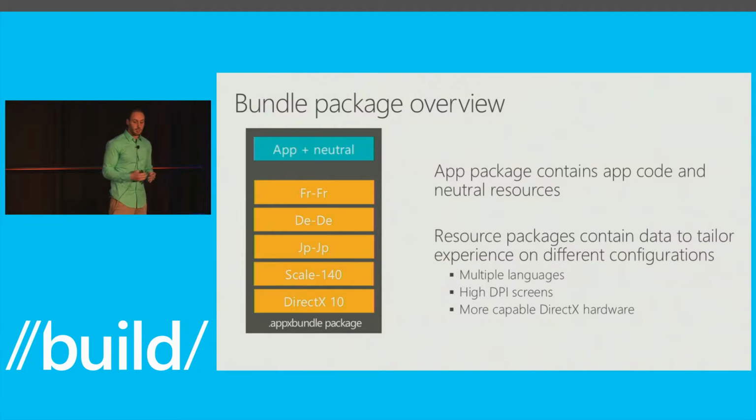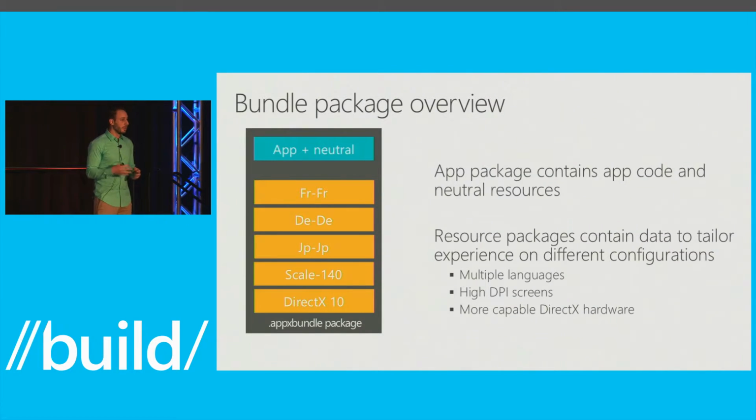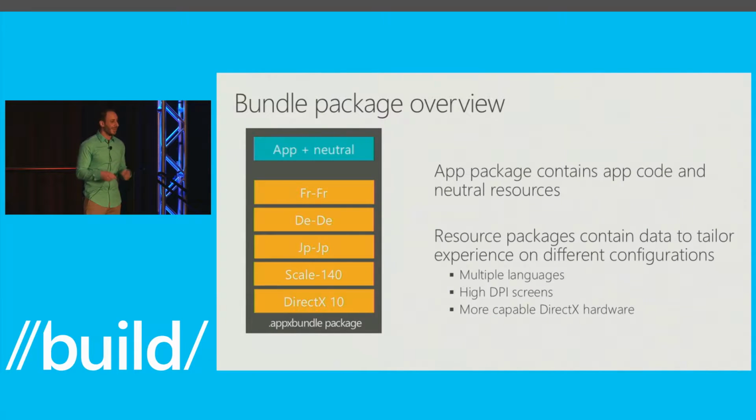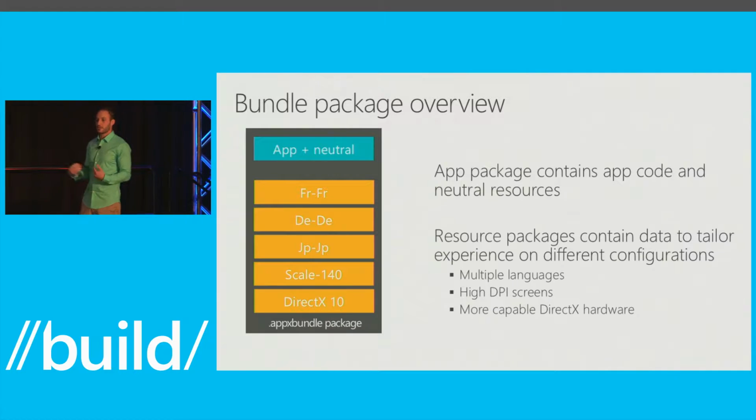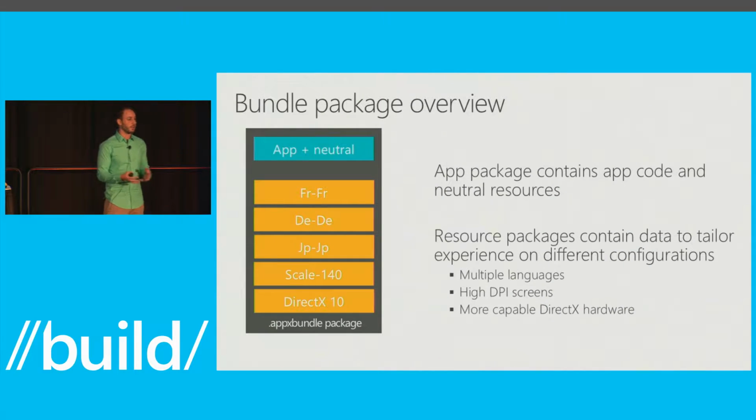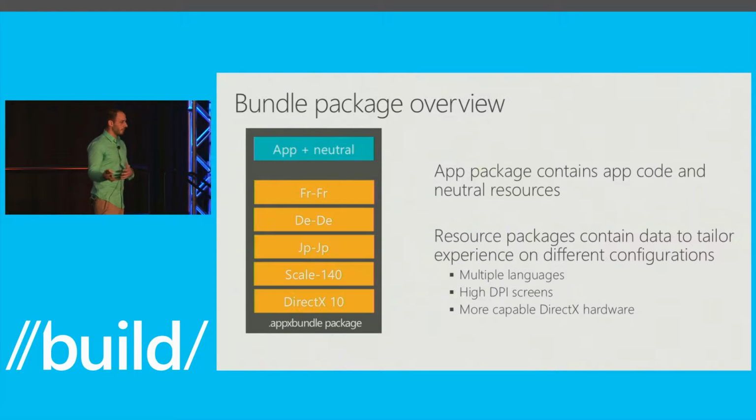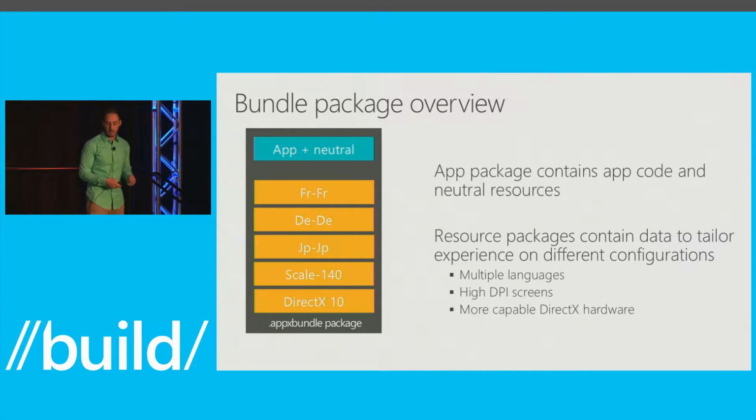The key thing with the neutral resources is that you want to make sure the application package itself has everything it needs to be able to run on any particular device. And this is really about fallback. Picture a scenario where the user, for some reason, is not able to get a particular resource. The main app package itself should have enough data in it to run without needing something else. So this was the foundation that we built on.